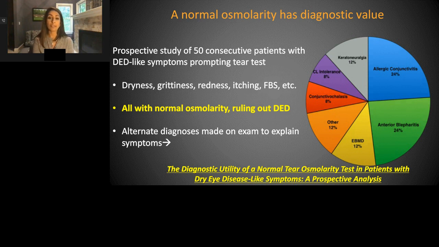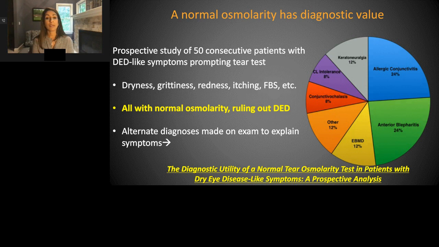They took 50 patients that had dry eye disease-like symptoms, and all of them had a normal osmolarity, which effectively rules out dry eye. They asked what other ocular surface disease these patients have, because they clearly have symptoms. A lot of them suffered from blepharitis and allergic disease, that's almost half of the population, but also very common things such as conjunctival chalasis and anterior basement membrane dystrophy.